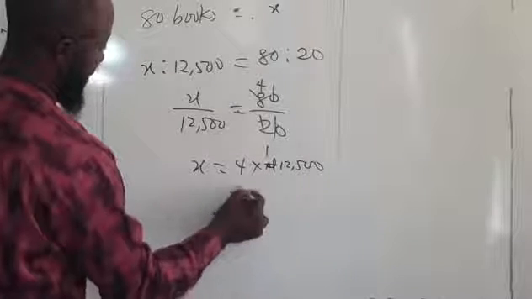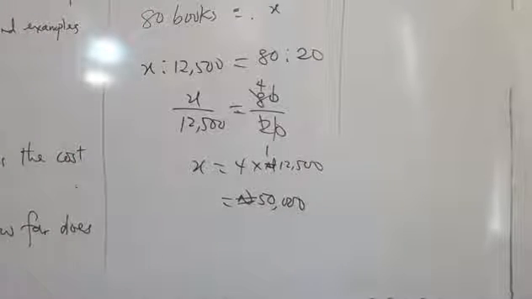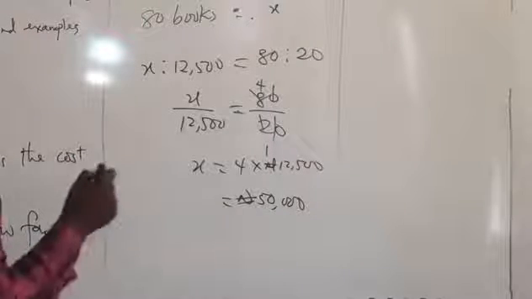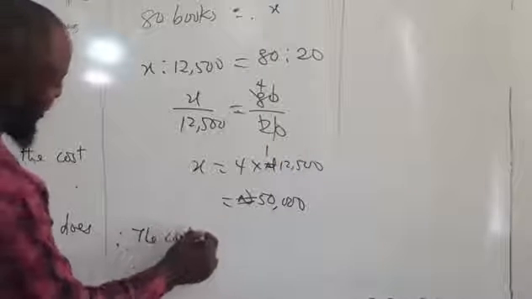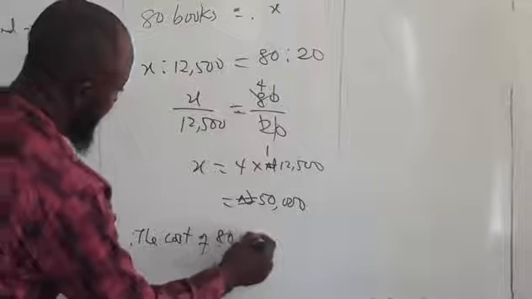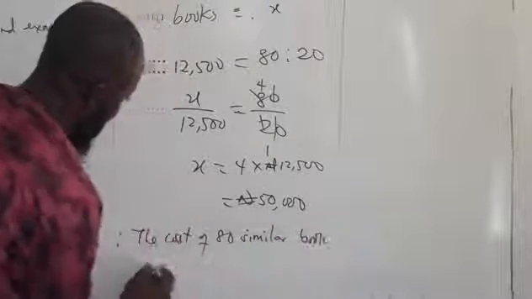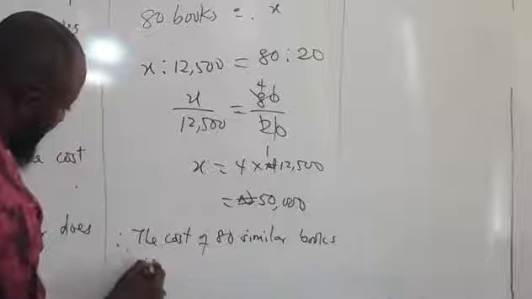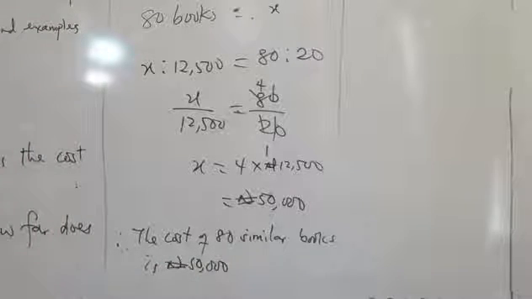That gives 50,000. When you multiply, you get 50,000. That means the cost of 80 similar books is 50,000 naira. I hope this is clear.